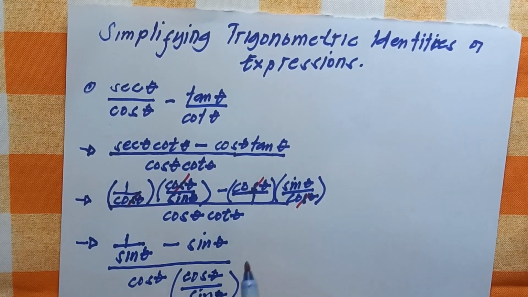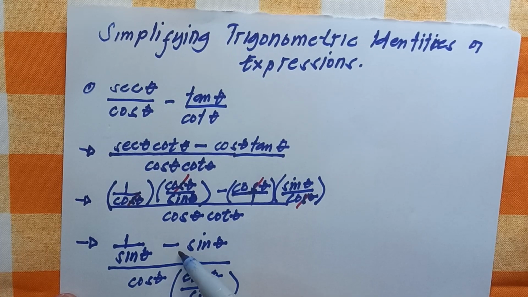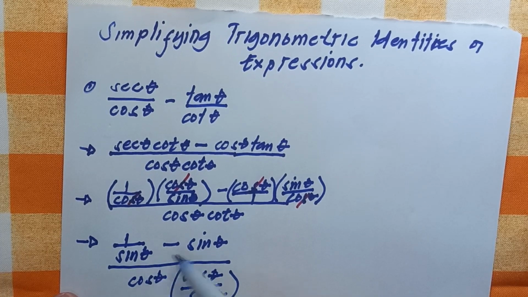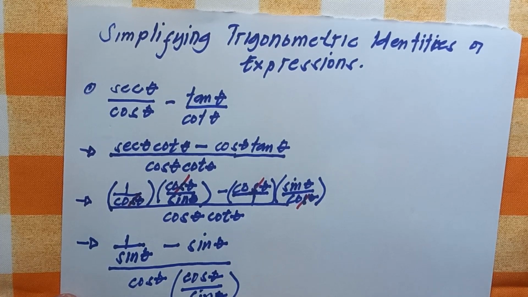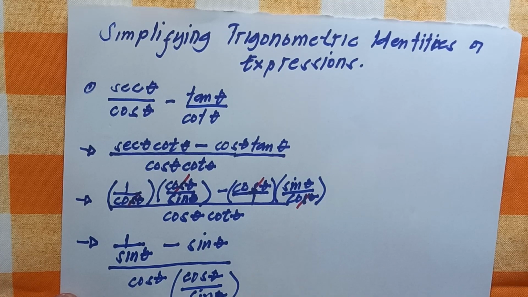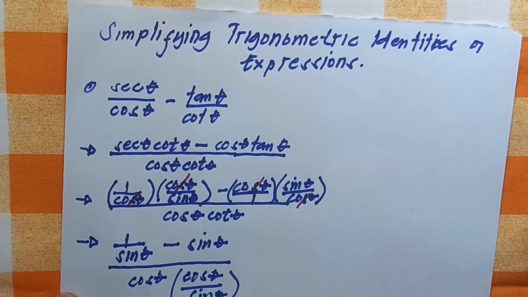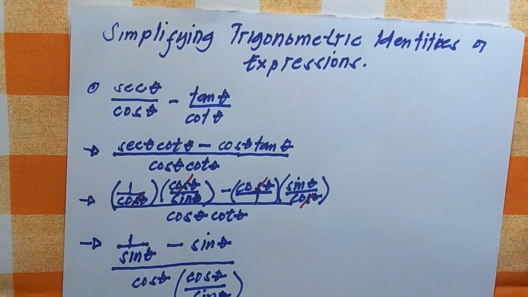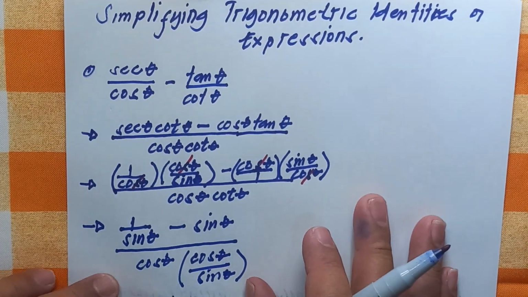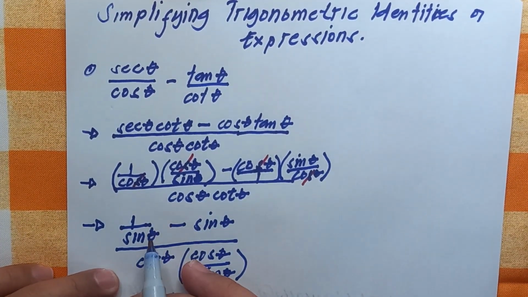Now, after that one, notice that this is the difference of a fraction and a whole number. And what about this one? This is the same as multiplication of fractions. Now, the next thing that we're going to see is we're going to get the difference of this one.